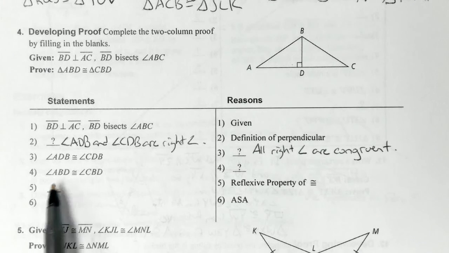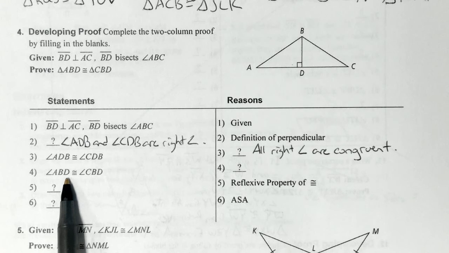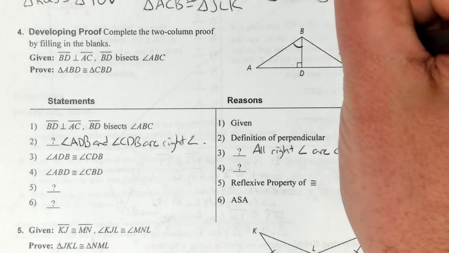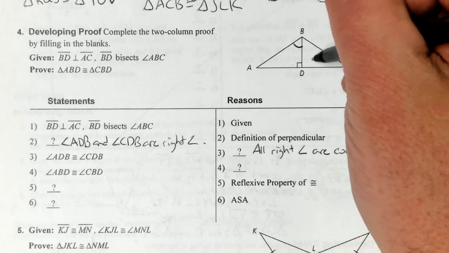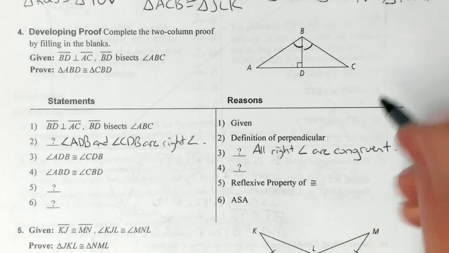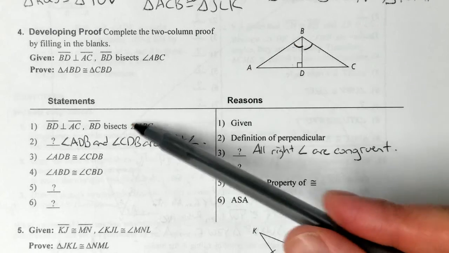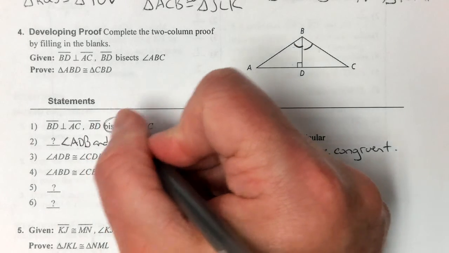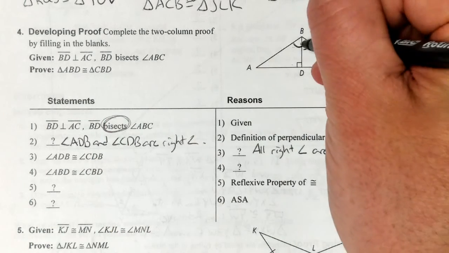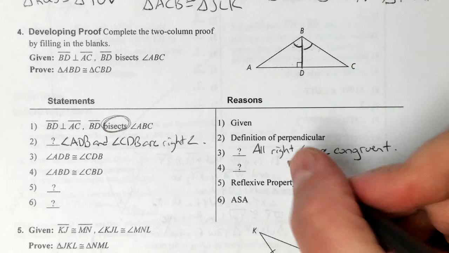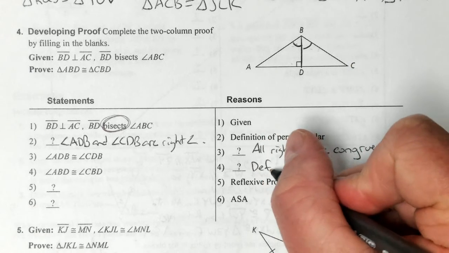Now they switch up the letters a little bit. So what they're talking about is ABD and CBD, this one. Why those would be equal is if you go back to what this word was up here, which is bisect. This bisects that. So this is definition of angle bisector.